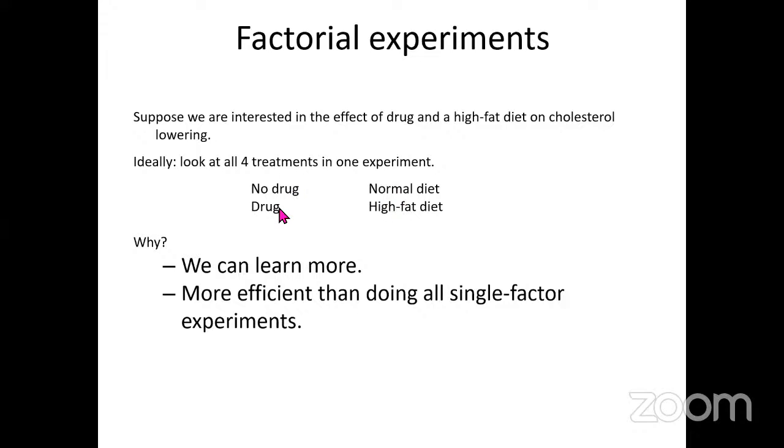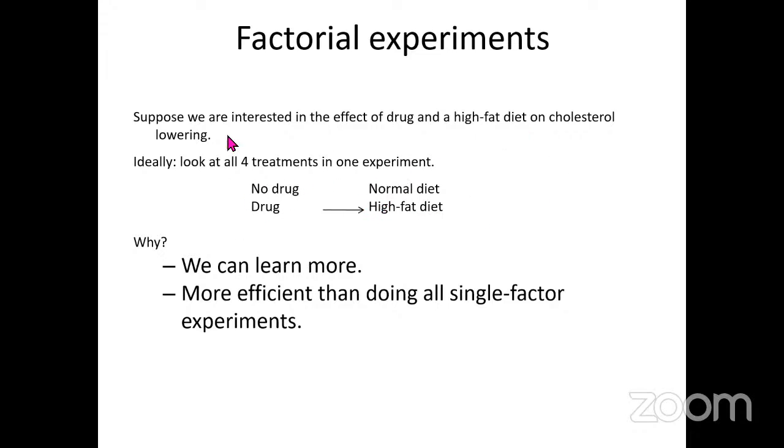You may test some people without giving a drug and see the cholesterol level when they are given a normal diet. You may look at some people with no drug but high fat diet. Then you may test some people with drug and normal diet, and then some people with drug and high fat diet. So four possibilities are there, right?